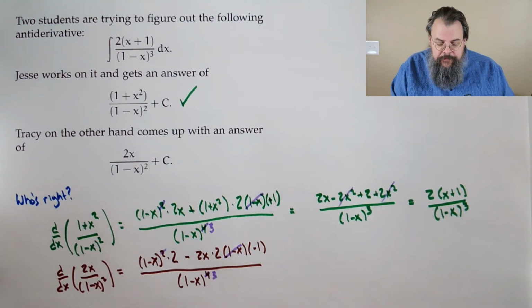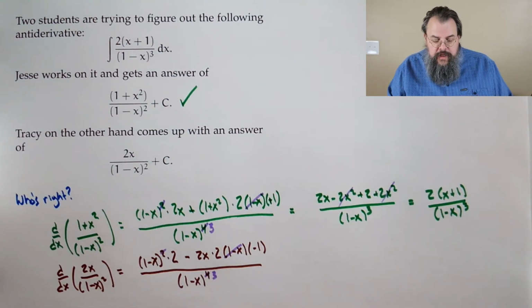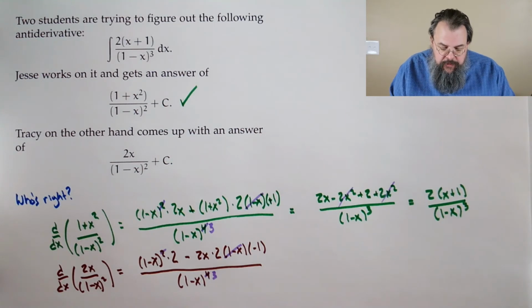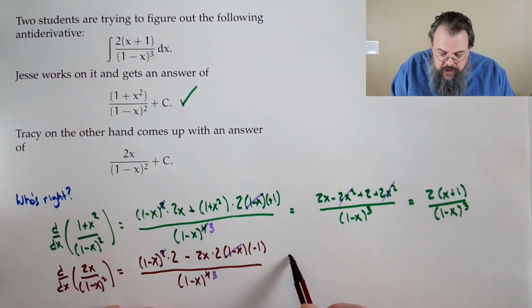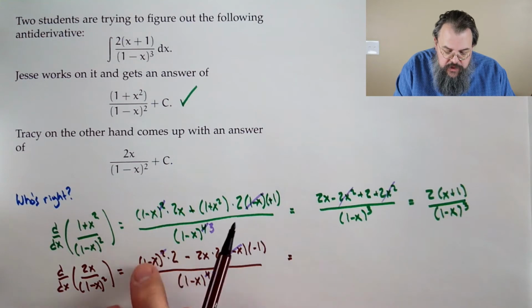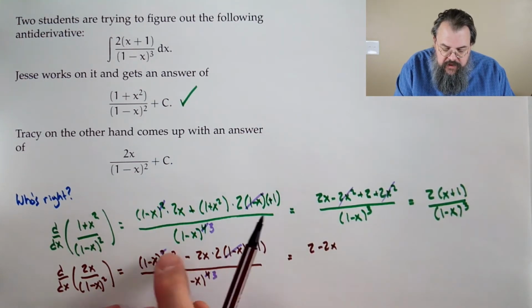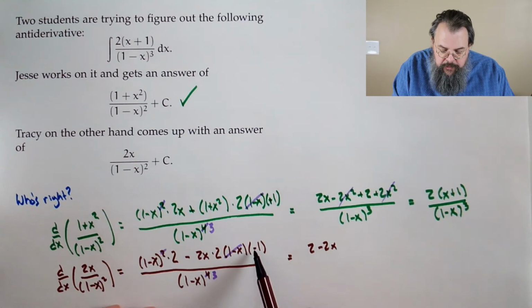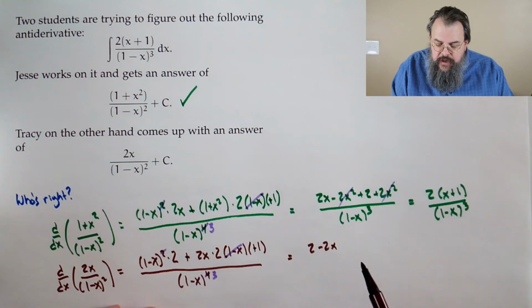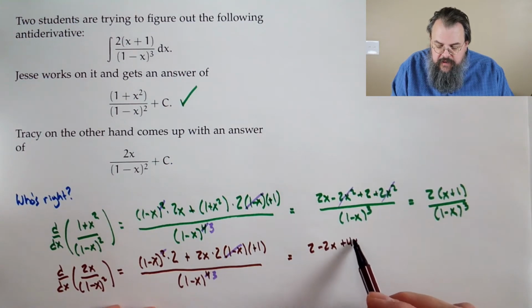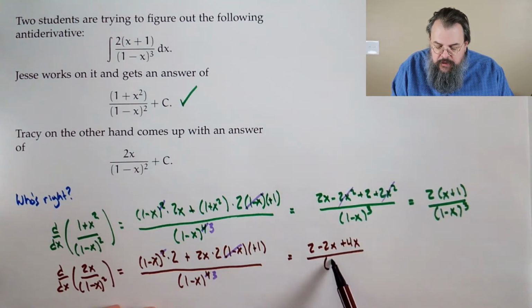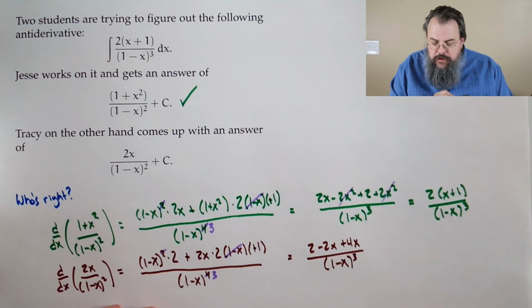All right, now what? Well, let's multiply this out. So what do we have here? We're going to have a 2 minus 2x. And here, a minus makes a plus. 2x times 2 is plus 4x over 1 minus x cubed.